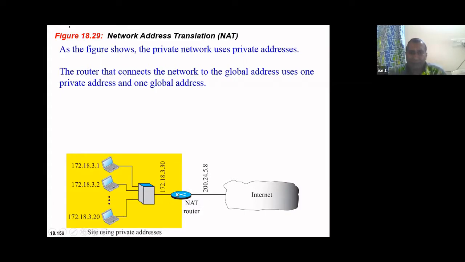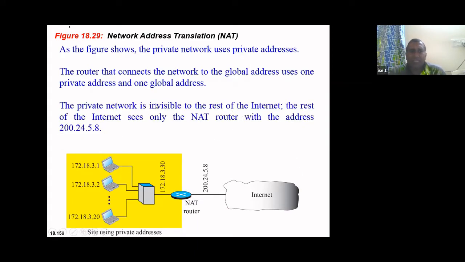There will be software loaded on this router, which will maintain this local communication and external or global communication. So the private network is invisible from the outside world or from the internet. This entire set of connections, how many connections?